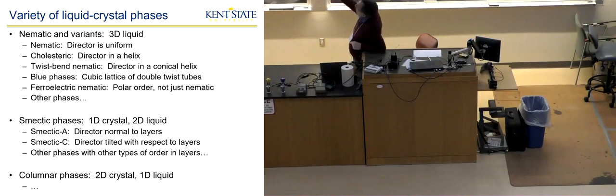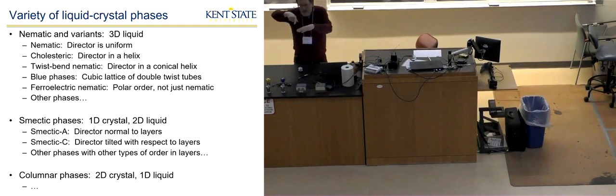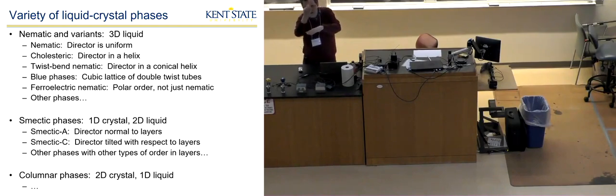Then there are more exotic variations. There's a twist-bend nematic phase where the director is in what might be called a conical helix. That is, it's not perpendicular to the helical axis, but it's at some cone angle with respect to the helical axis. And then it rotates around that cone as you go up.